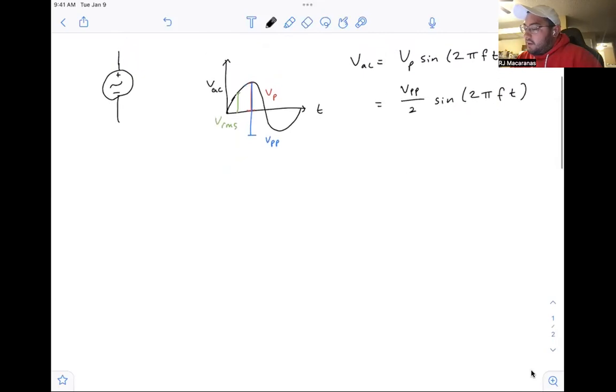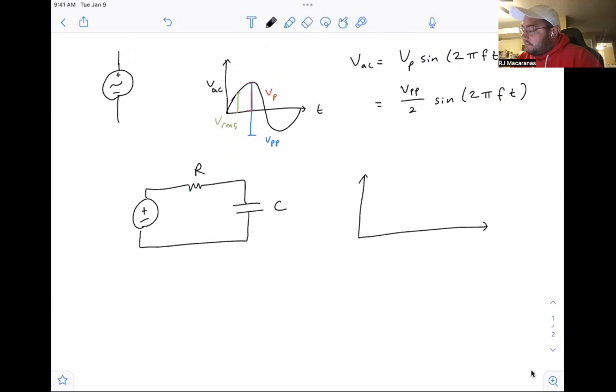And so what kind of implications does this have? Well, let's just recall the RC filter that we were looking at, this low pass filter topology. We've got a resistor, we've got a capacitor, and you'll recall that over time, as current flows into the capacitor, the voltage of that capacitor goes up.